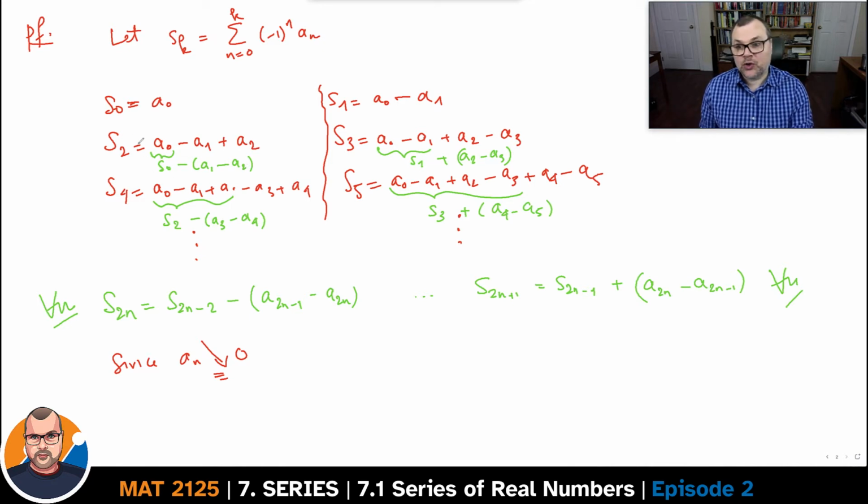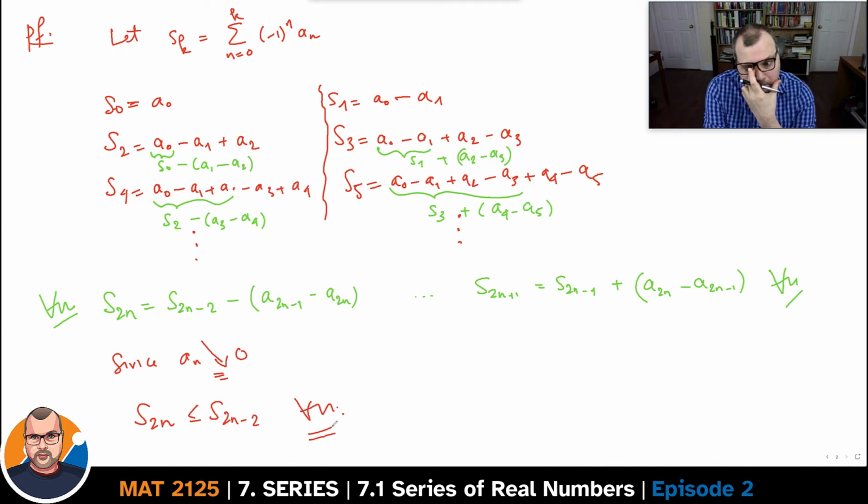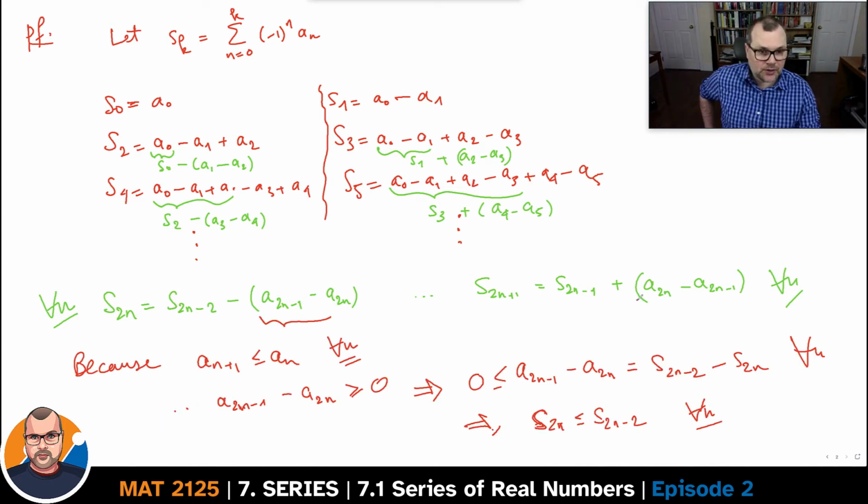So what we are doing here is we're removing a positive quantity, or at least a non-negative quantity. So in general, S_2n is going to be smaller than S_(2n-2).